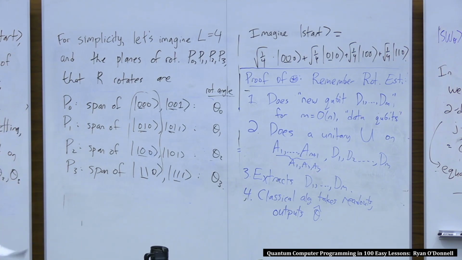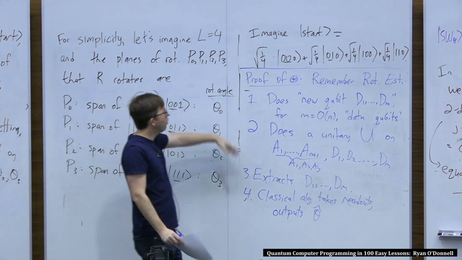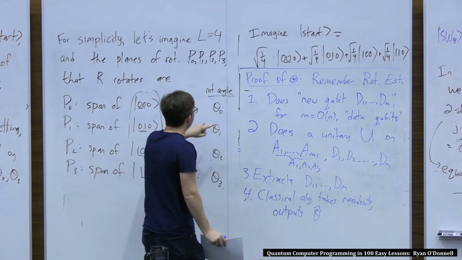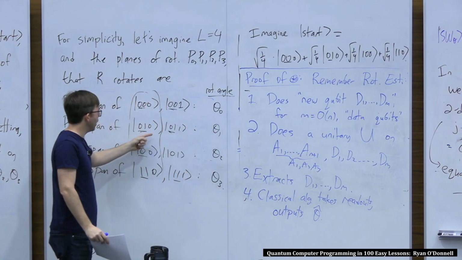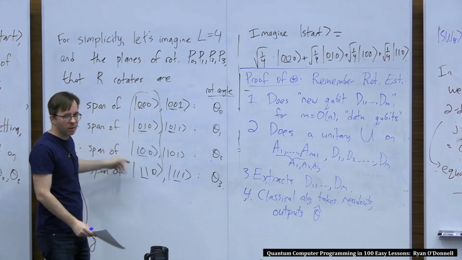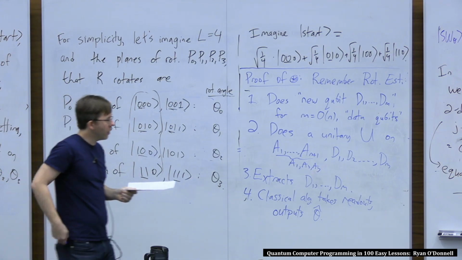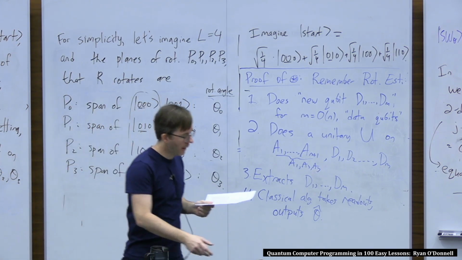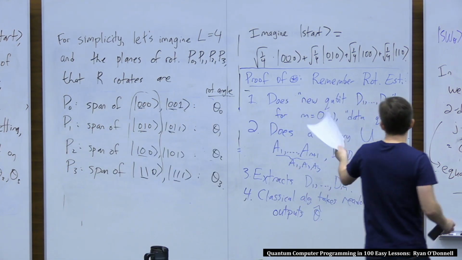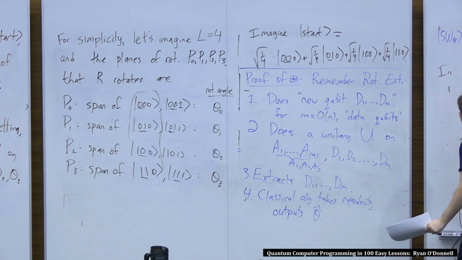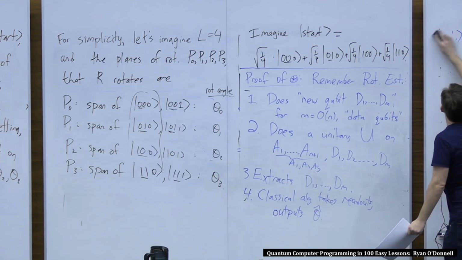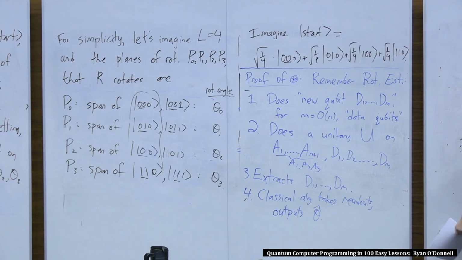Okay. But now we have to analyze what happens if we do this algorithm where the initial qubit state is not just in one of the planes of rotation, but it's this equal superposition of things in planes of rotation. So we're just going to imagine following this algorithm, but when we're in a superposition.